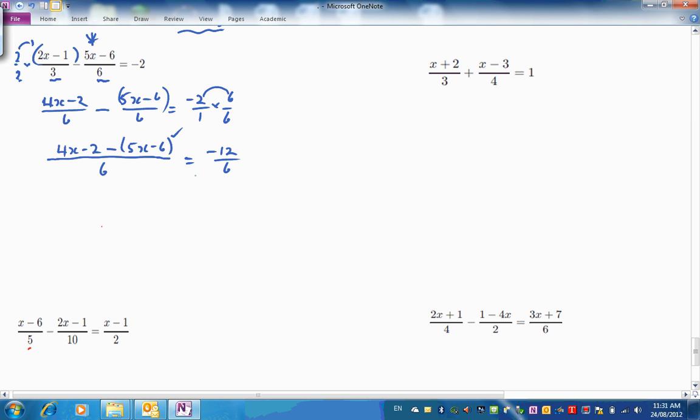Let's look at the left-hand side top line now. This is 4x take 2, take 5x, and take -6. A negative times a negative is a positive. And over on this side, we have the top line of -12. It's coming along. Collecting up our x's, 4x take 5x is -1x, or just -x.